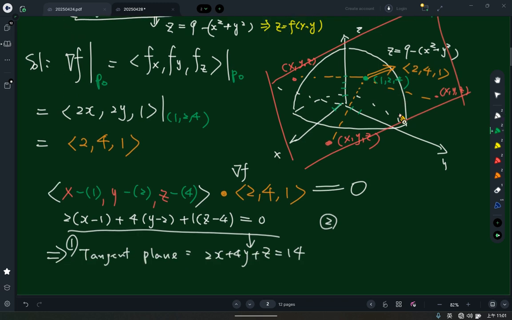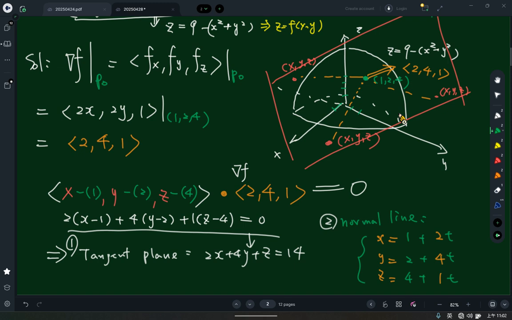So the normal line can be described by parametric equations: x, y, z is equal to 1, 2, 4, the start point, plus 2, 4, 1 times t. You can see the normal line is this way: the start point is 1, 2, 4, and it follows 2, 4, 1 directly.